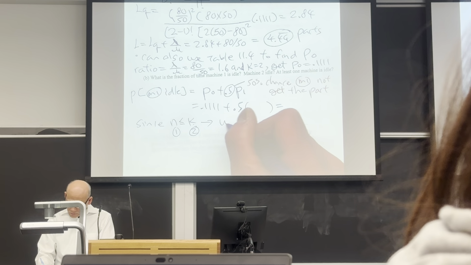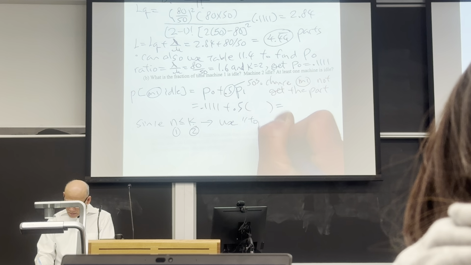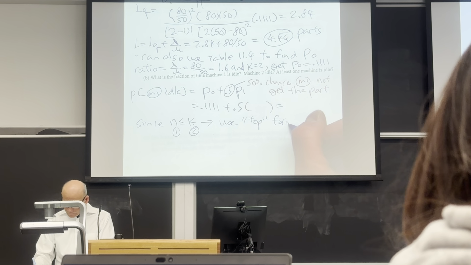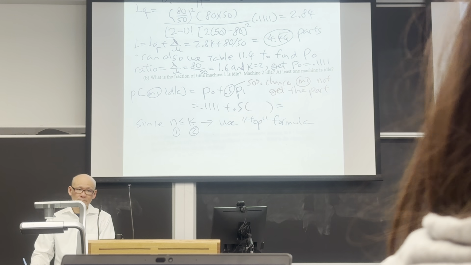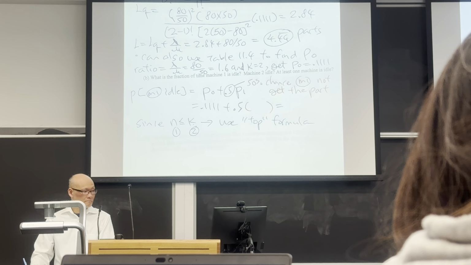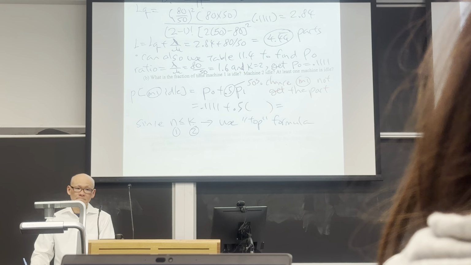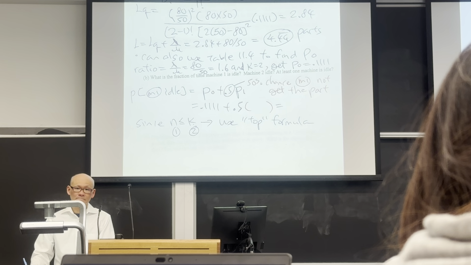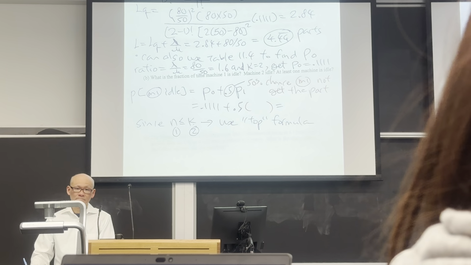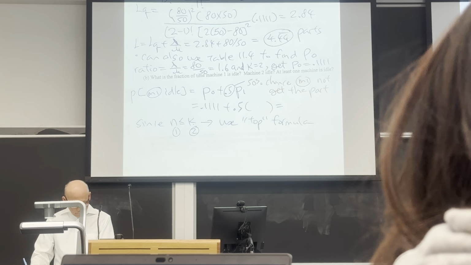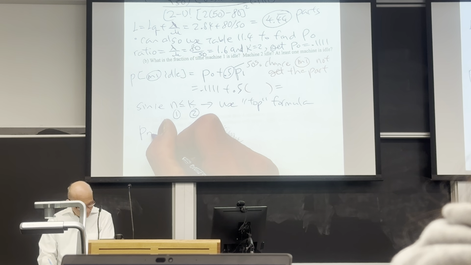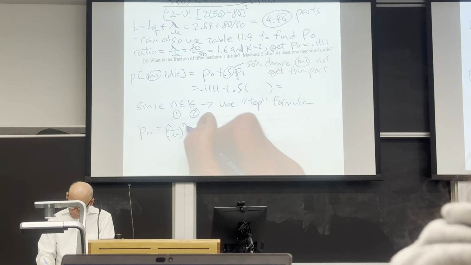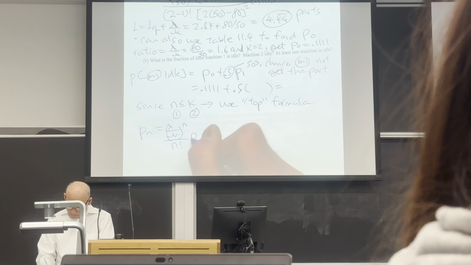So we should be using the top formula. Using the top formula, Pn is equal to (lambda over mu) to the power of n over n factorial times P0.